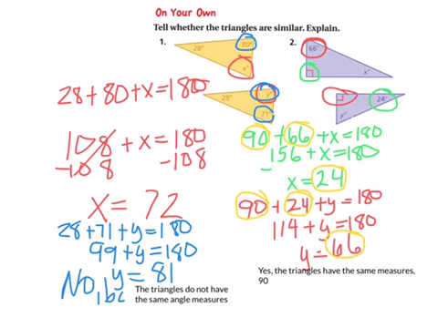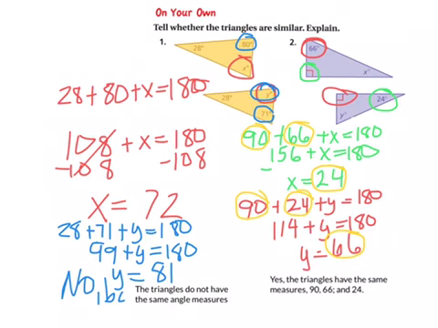Whatever, 90 degrees, 66, and 24. So that would be how you would explain these 2 triangles. So there's on your own number 1 and number 2.